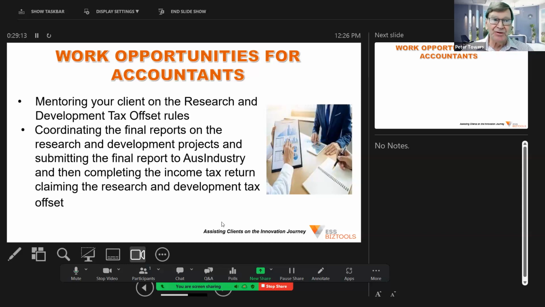I can assure you the process involved in helping someone undertake research and development, get themselves ready to be able to comply as an early stage innovation company or a crowdsource funding equity raising company, is most definitely interesting and challenging work.